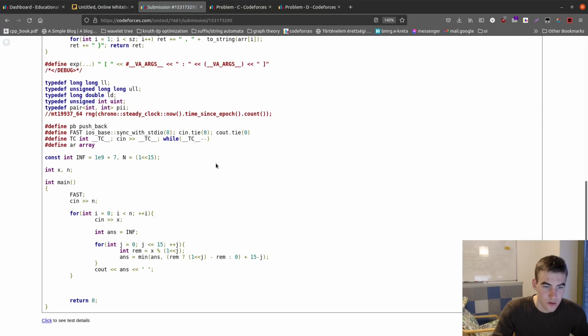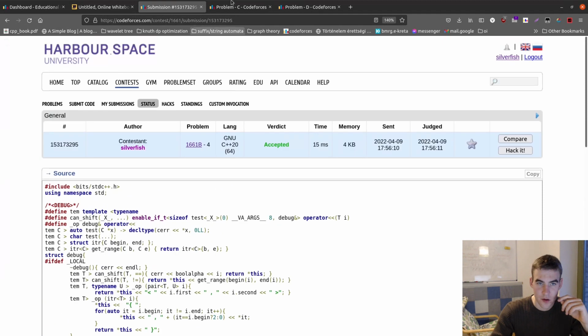And this is just the code for that. So for each remainder, we check what the remainder is. We increase it by one until it's divisible by 2 to the jth, and then we add 15 minus j, because that's the number of times we multiplied by 2. Okay.